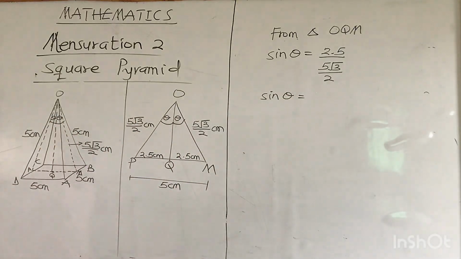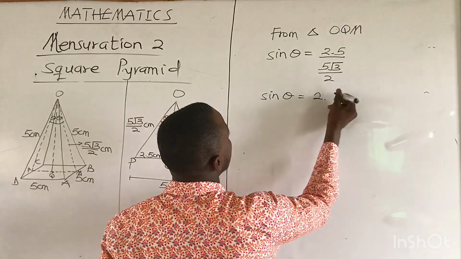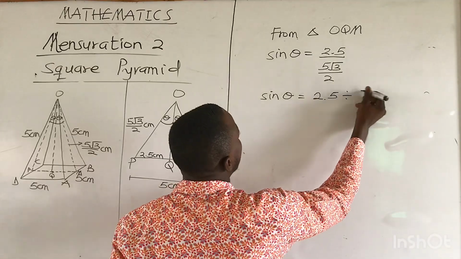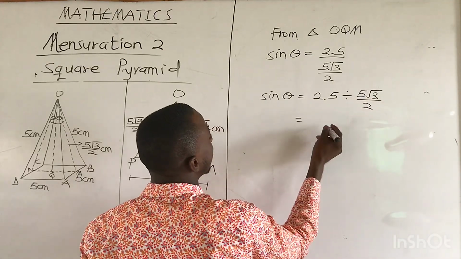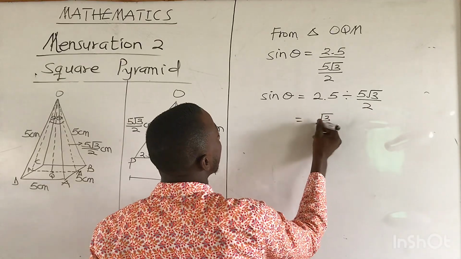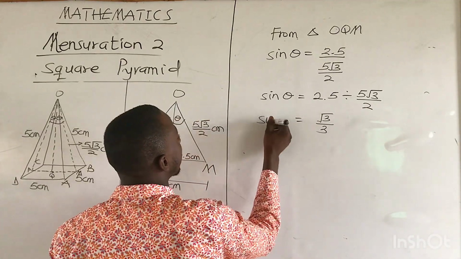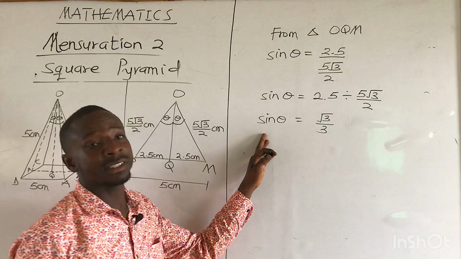So 2.5 divided by 5 root 3 over 2 will give us root 3 over 3, for which we still have sine.